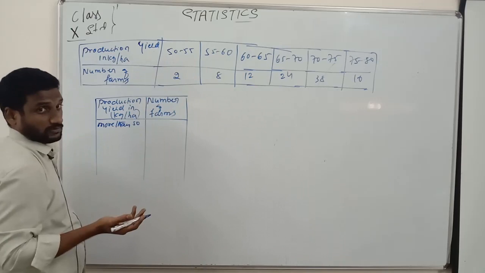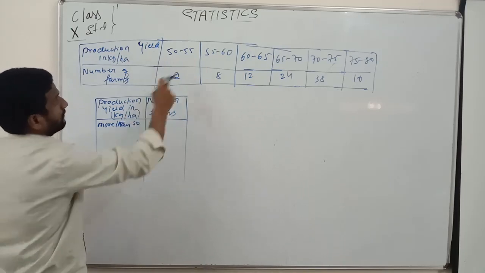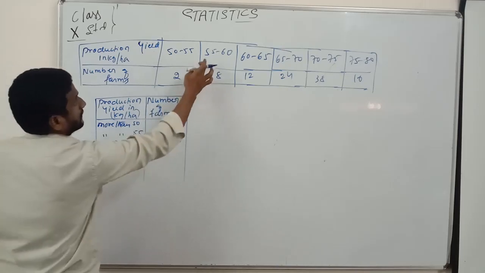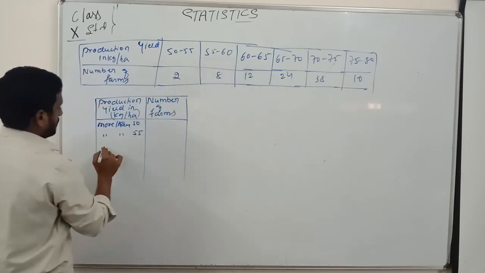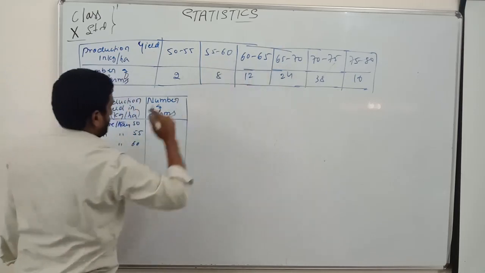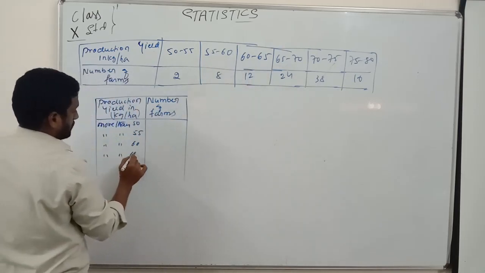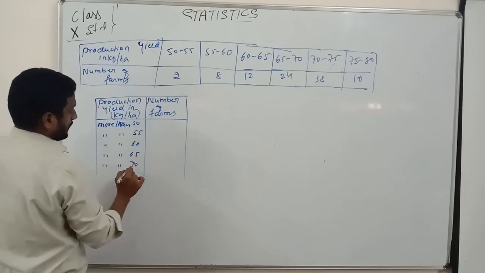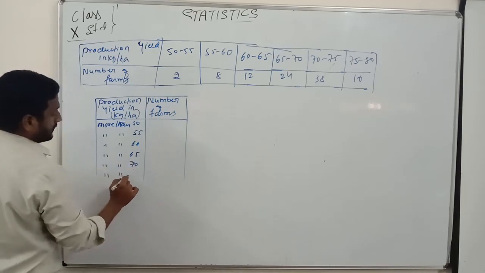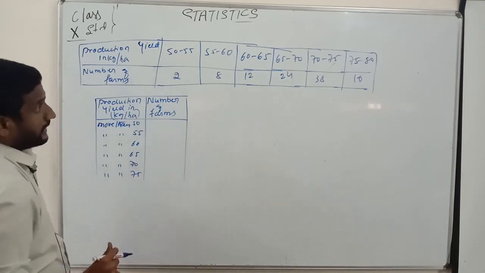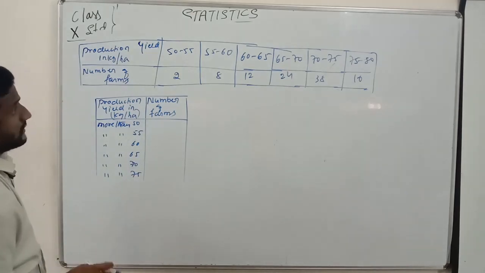Similarly more than 55, next more than 60, more than 65, more than 70, and more than 75. So this is your production yield.